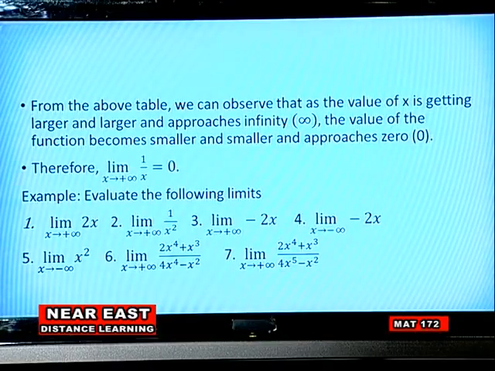From the above table, we can observe that as the value of x is getting larger and approaches infinity, the value of the function becomes smaller and smaller and approaches 0. Therefore, the limit as x approaches plus infinity of 1 over x is 0.